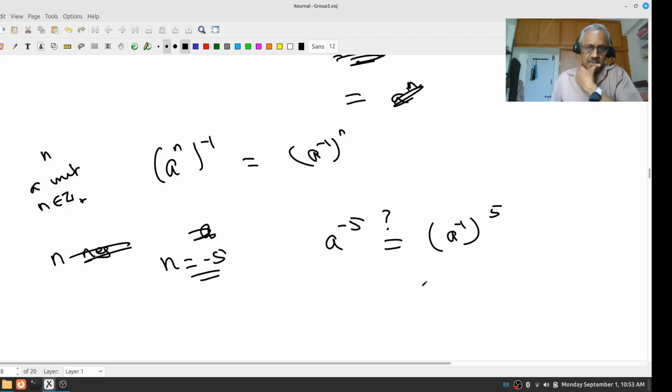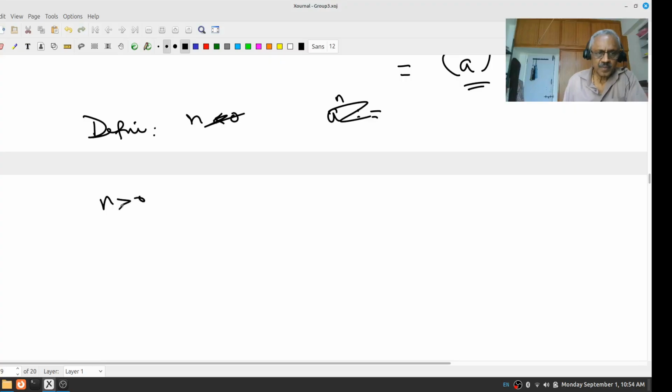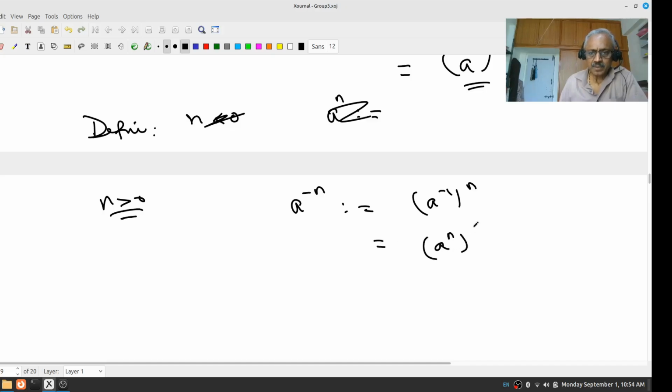But we also know by the earlier thing it is a to the power 5, inverse. Therefore, we define: if n is negative, then a to the power n equals, maybe I will write here n positive so that there won't be any confusion, a to the power minus n by definition is a inverse to the power n, or a to the power n, inverse.